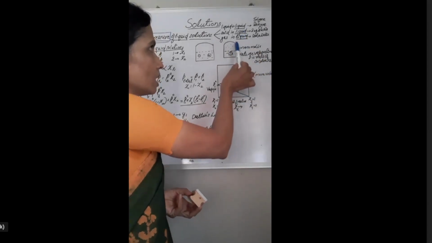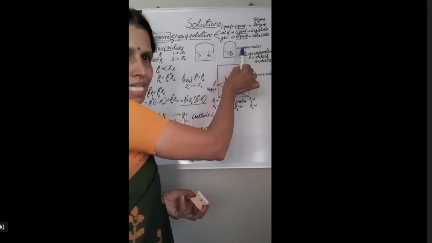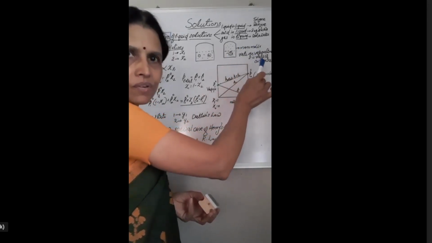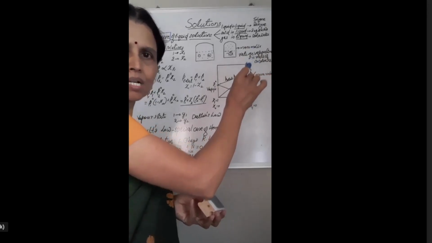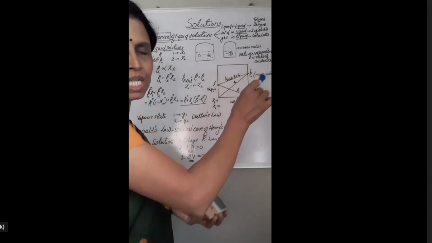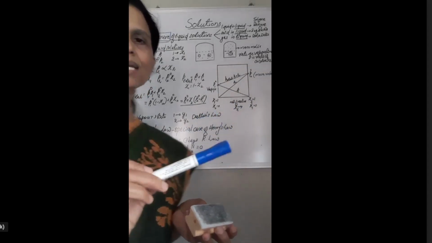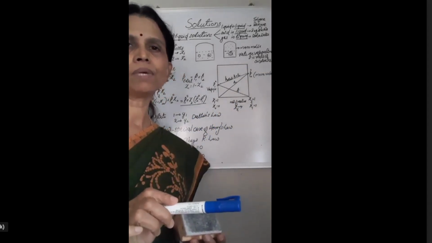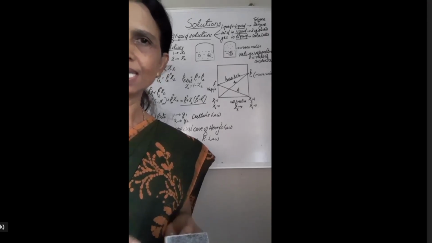If we measure the pressure at this stage using a manometer, we will find it remains constant, and this pressure exerted is called vapor pressure. So it is the pressure exerted by vapors in equilibrium with a liquid at a given temperature.